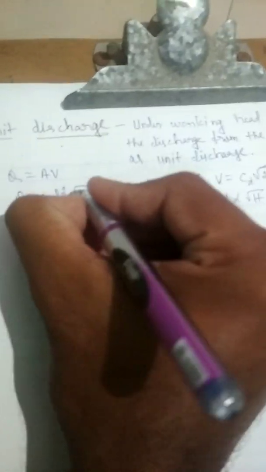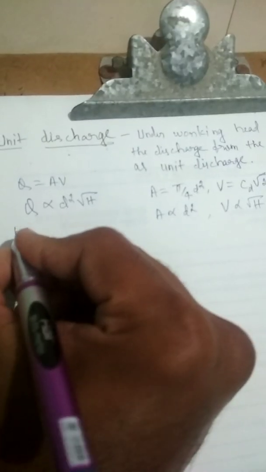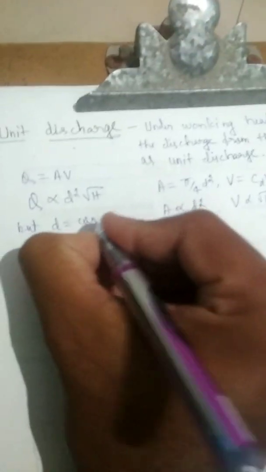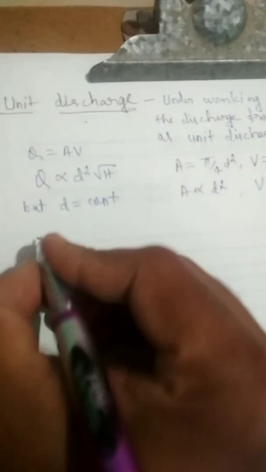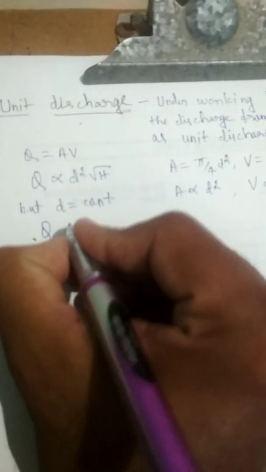If I eliminate constants, area is directly proportional to d square, velocity is directly proportional to square root of h. So we have d square into square root of h, but diameter is constant for a given turbine. The diameter of the wheel will not change for a particular turbine. So Q is directly proportional to square root of h.